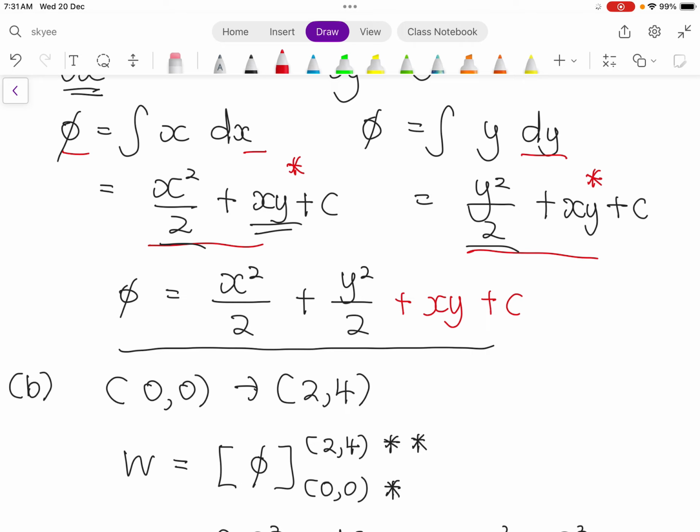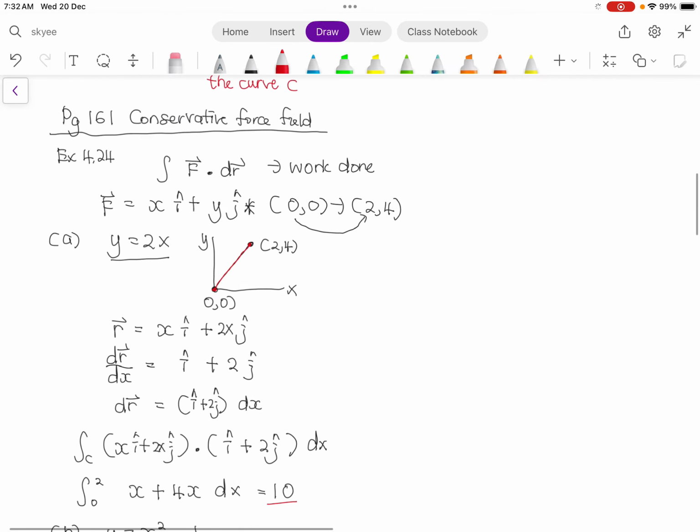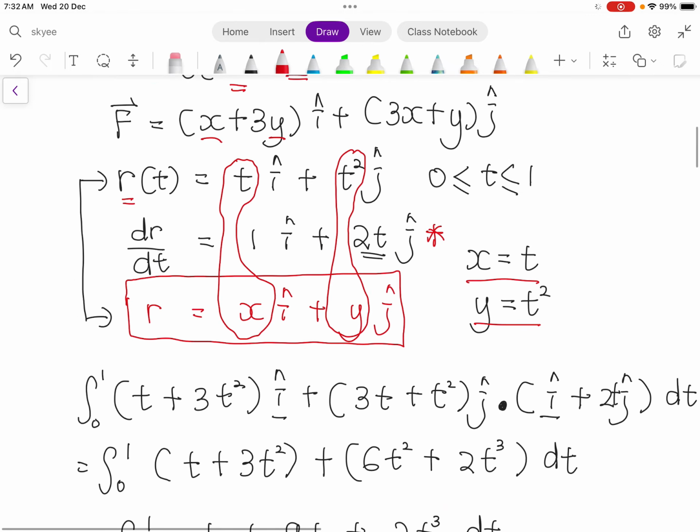Okay, so I don't want to make the video too long, so this is all about the line integrals of a vector field. Let's go through again. The line integral is to find the work done.